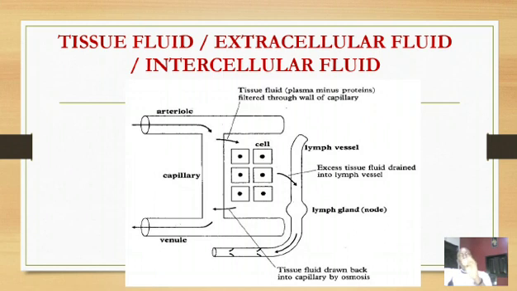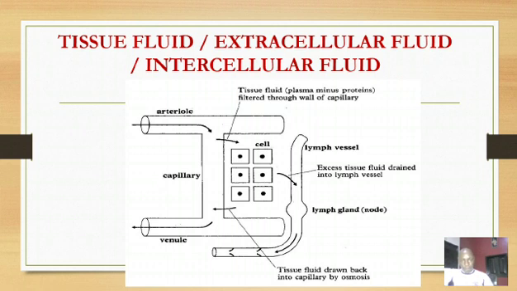Therefore, the lymph vessels and lymph nodes collectively form what we call the lymphatic system. Meaning the lymphatic system is made of lymph vessels, the lymph nodes, and a fluid flowing within them known as lymph. Those three are the components of the lymphatic system.